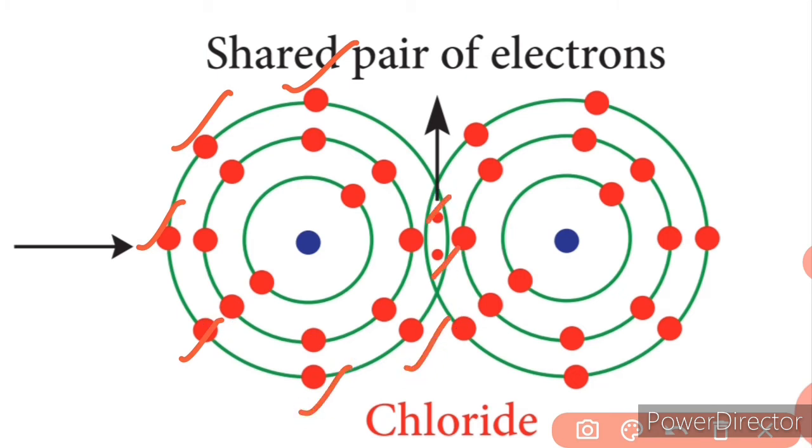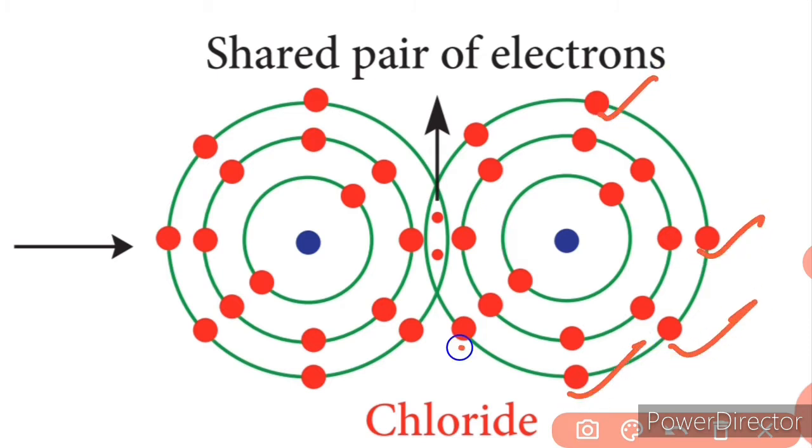So 8 electrons for this chlorine atom. Now count the number of electrons in this chlorine atom. Here it is 1, 2, 3, 4, 5, 6, 7, 8. So this has 8 electrons in its outermost orbit. So by sharing an electron, both the atoms attain the stable electronic configuration.